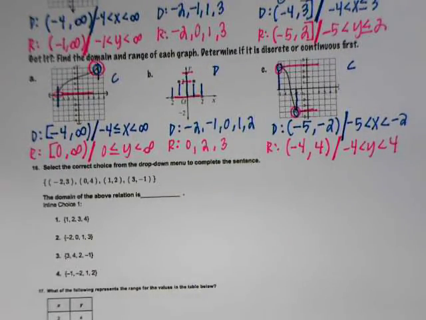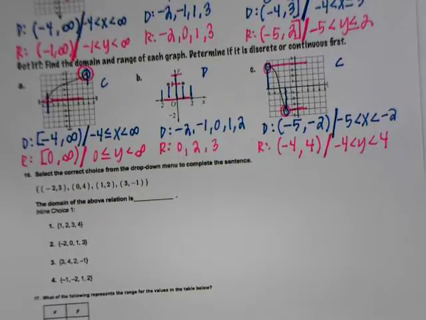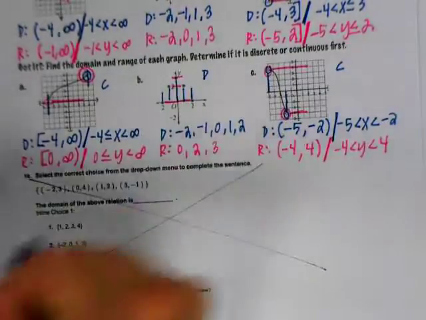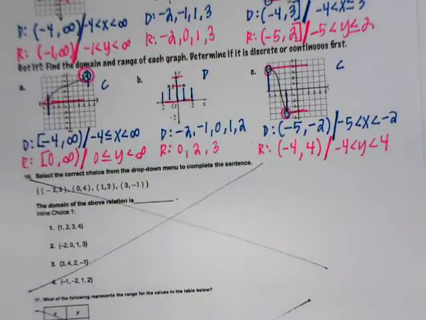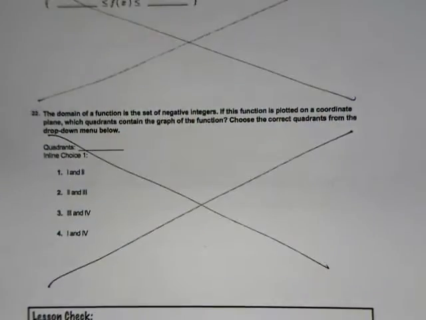Okay, good? Yeah? Okay, so these ones were just like Math Excel review ones in case we had extra time. So we don't have to do those. I'm going to put up the lesson check in case you want it.